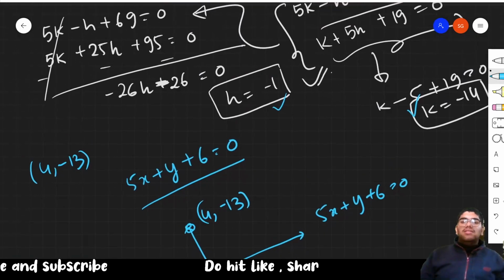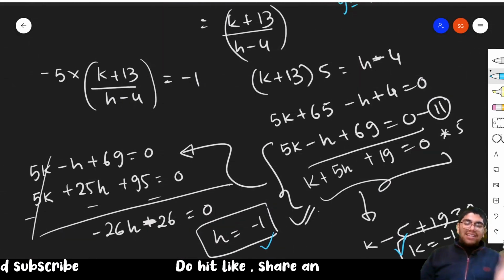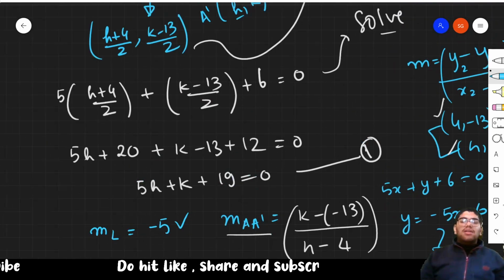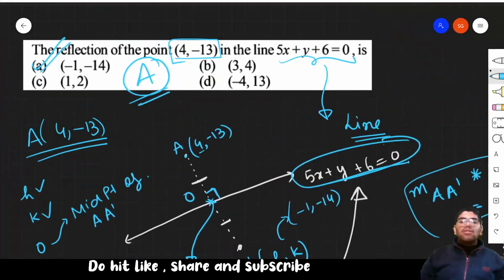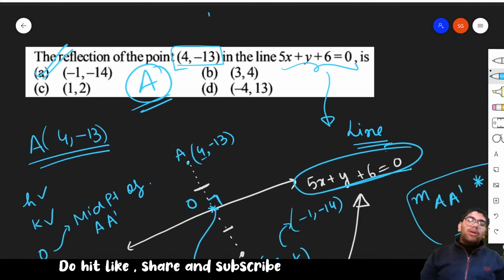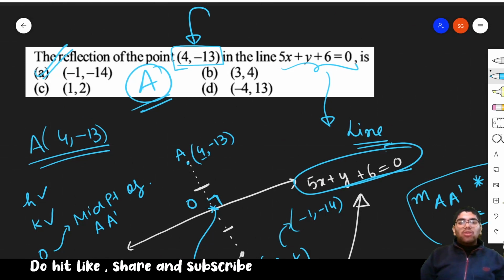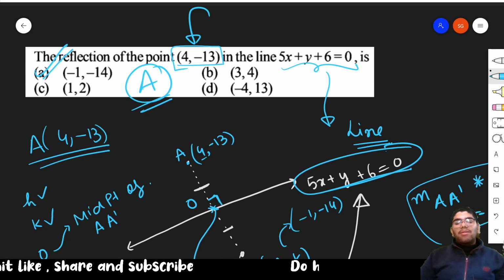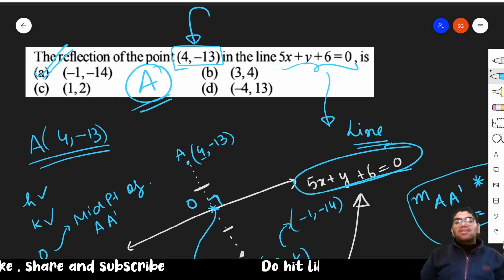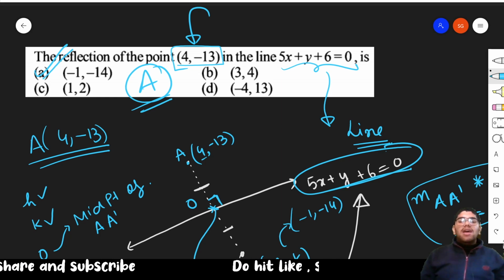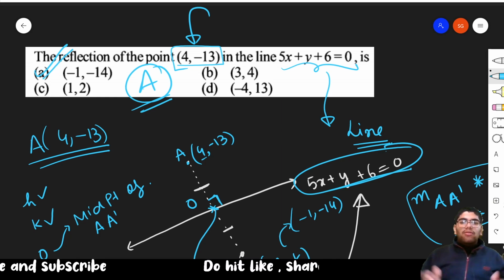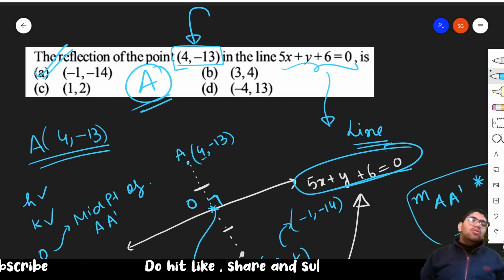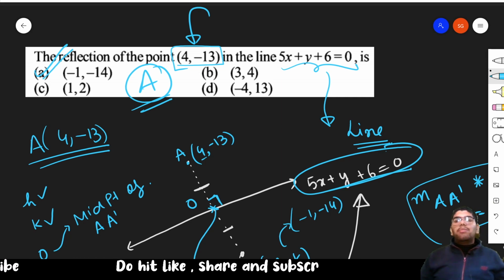Preferably the standard methods are much better because they give you a gist of the concepts involved in the problem. I guess you have done this problem well, and because this is quite an important problem that comes up many times, repeating in both 2D geometry and 3D geometry, I will tell you again and again because the concepts are similar, they are the same, and all you need to do is just focus on the concepts. That is what I motivate the students to do.